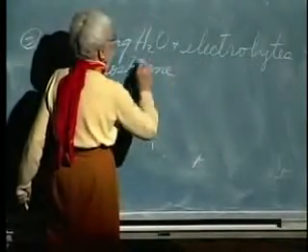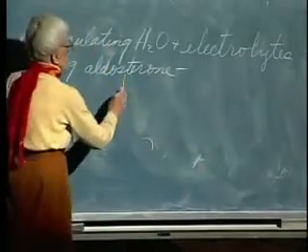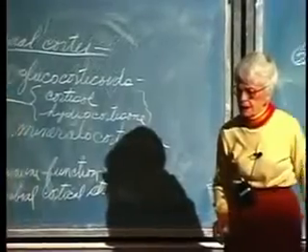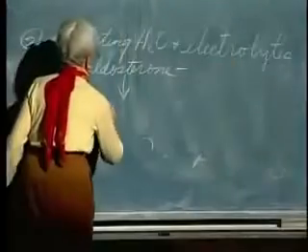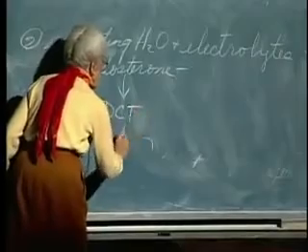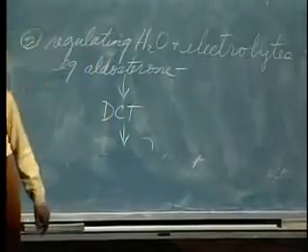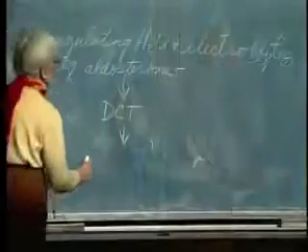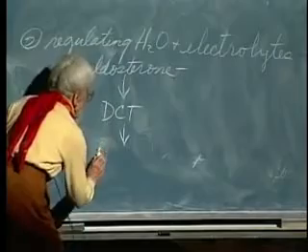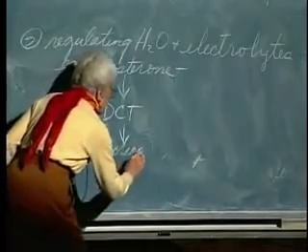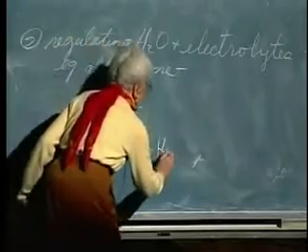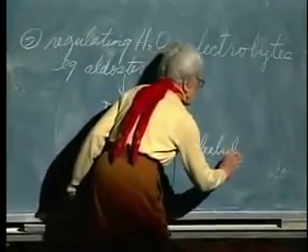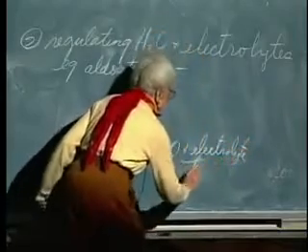Where does aldosterone act? Distal convoluted tubule, right. And what's it doing then? Increasing water and sodium. Right, electrolyte. Increases water and electrolytes. And in this case, it will be sodium.